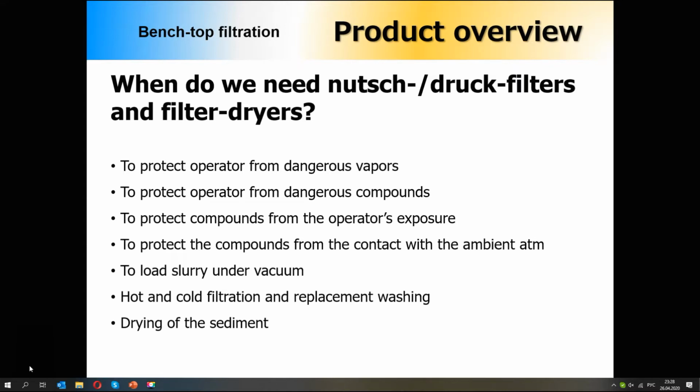Yes, you can, but it is not that good. First of all you need to have the drying oven, then you need to take out the funnel and put it in the oven, you need to be sure that the compound won't be damaged by the atmosphere, and that the vapors of the remaining solvent or something else inside the wet sediment will not react with the stainless steel chamber of the drying oven, and so on and so forth.